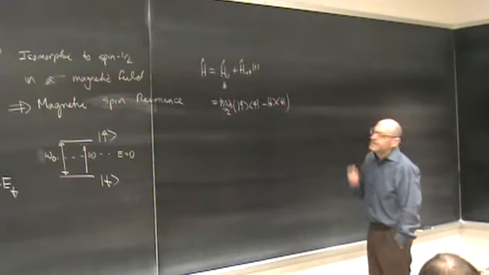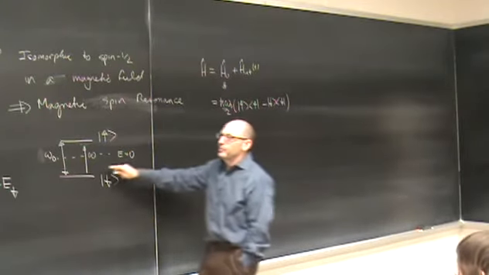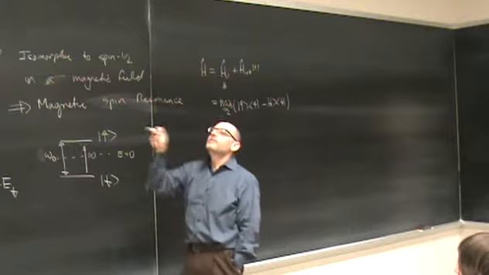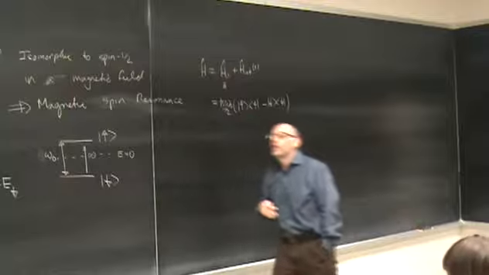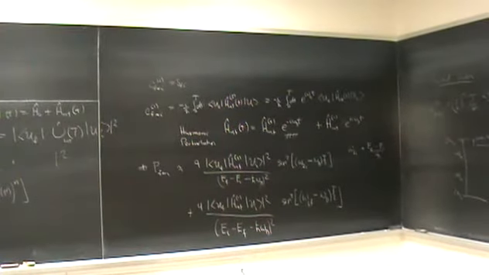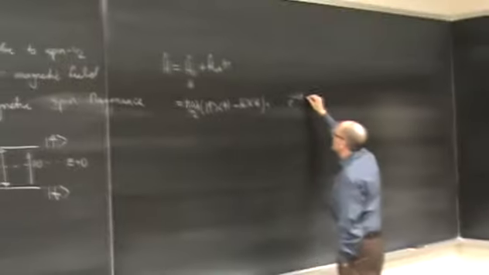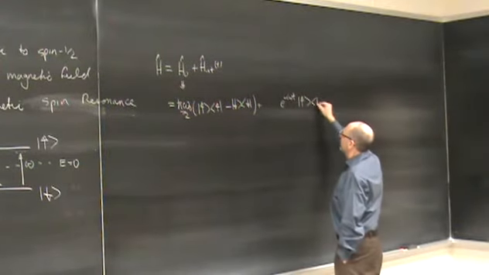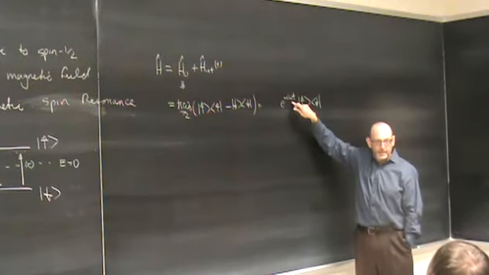And then H int is going to be the thing that drives absorption and emission. Okay? So it is going to be of that form that's written on the front board, with a term that has to do with absorption, the H plus term, and a term that has to do with emission. So we'll write that as there is a term that takes me from down to up, and that goes like e to the minus i omega t.